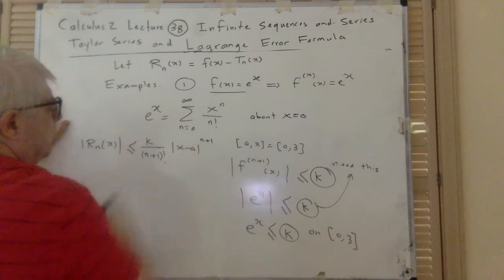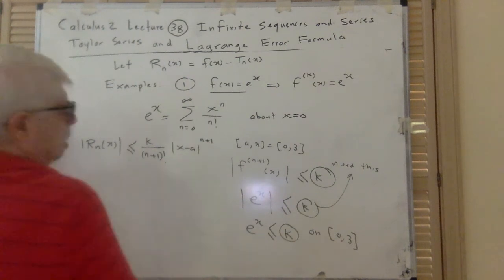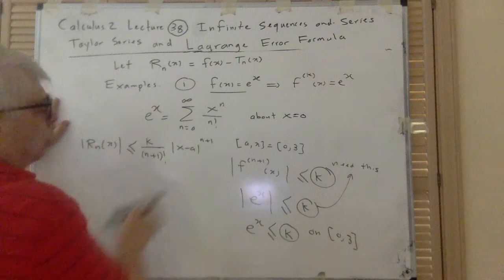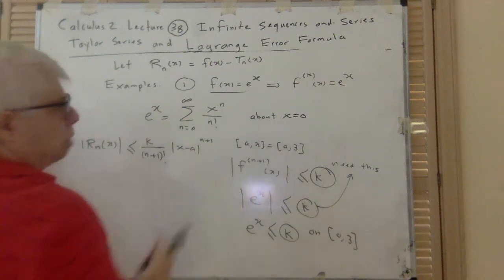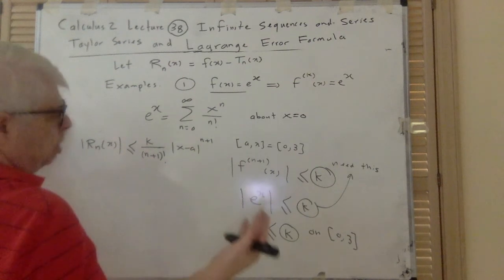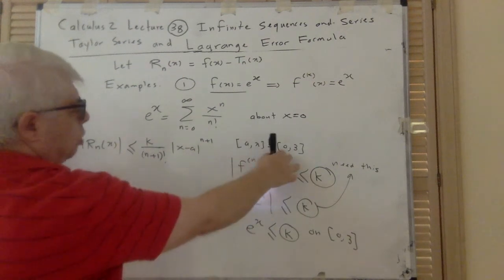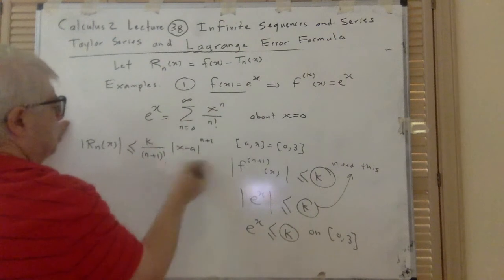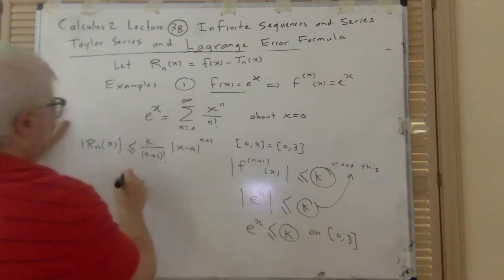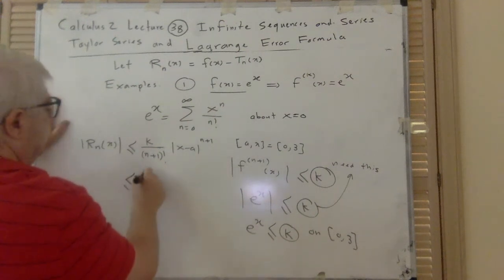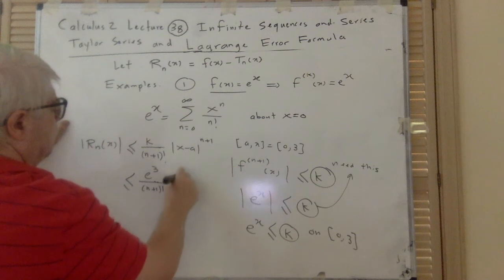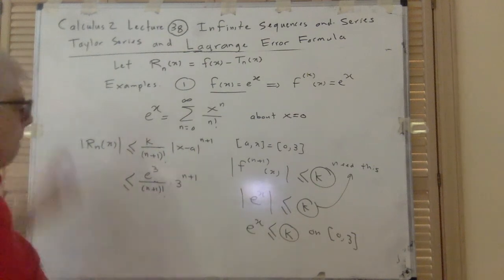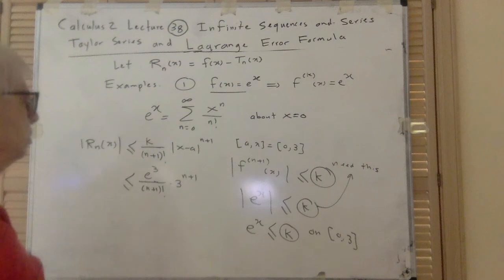Now x minus a, the maximum value of x minus a in this interval is 3 minus 0. That's usually what happens, you go with the end point. So this is less than or equal to e to the power 3 over n plus 1 factorial times 3 to the power n plus 1.